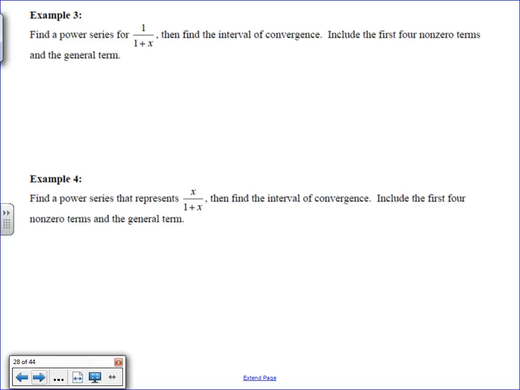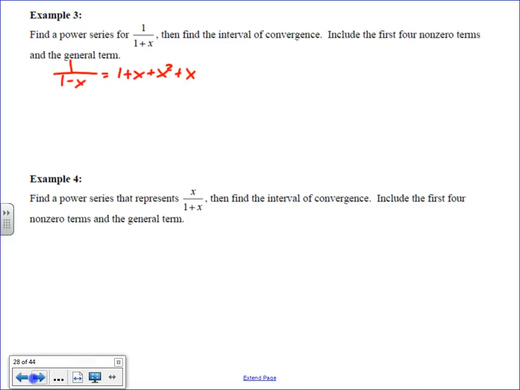What happens if I want the power series for 1 over 1 plus x? This is in the other homework too. What can I do? And I want the interval of convergence. I can start with the one I know and make everything the opposite.